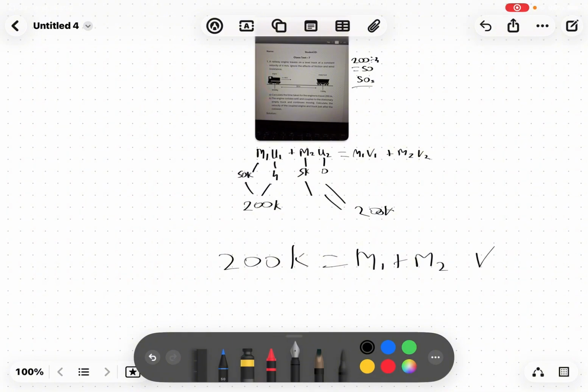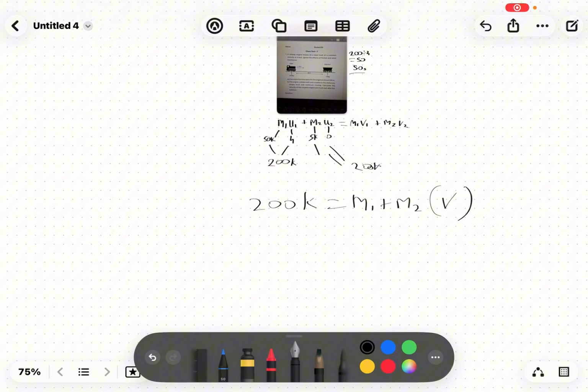So this equals 55 times V. Take away 200 is 145 equals V. But that's not it.